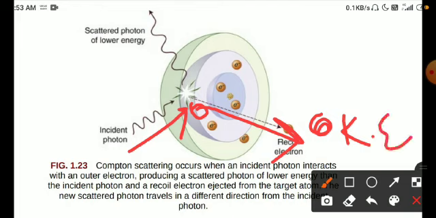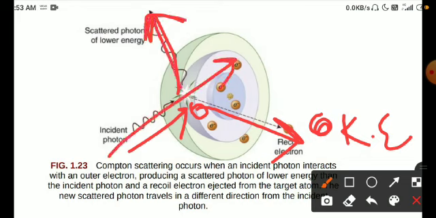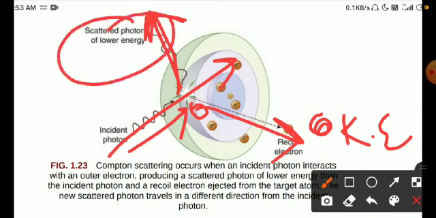The remaining energy of the photon is deflected from its pathway at some angle with lower energy. So the remaining energy of the photon in Compton scattering is the incident energy minus the binding energy of the electron minus the kinetic energy of the electron.